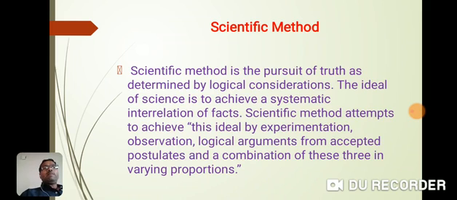Scientific method is the pursuit of truth as determined by logical considerations. The ideal of science is to achieve a systematic interrelation of facts. Means here we are going to achieve a systematic interrelationship among the facts. Scientific method attempts to achieve this ideal by experimentation, by observation, by logical arguments from accepted postulates, and a combination of these three in varying proportions.